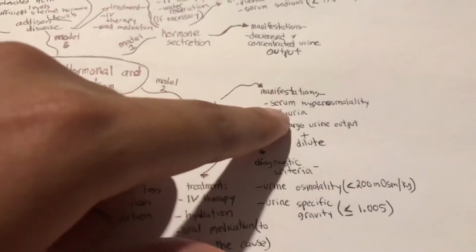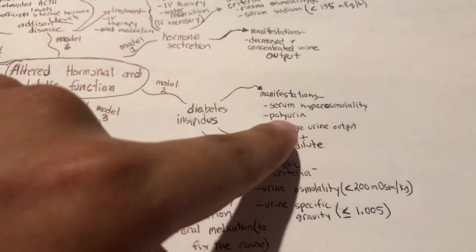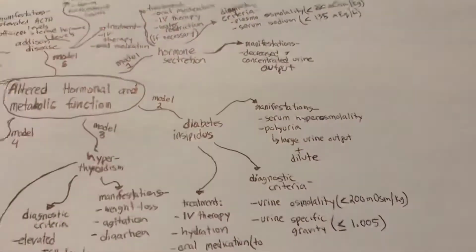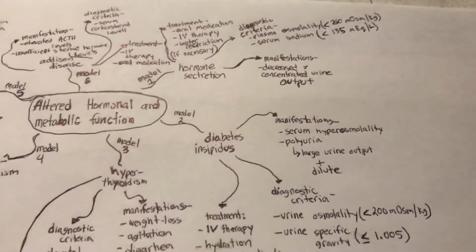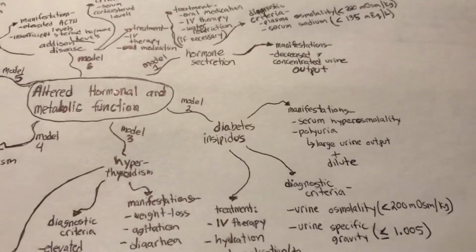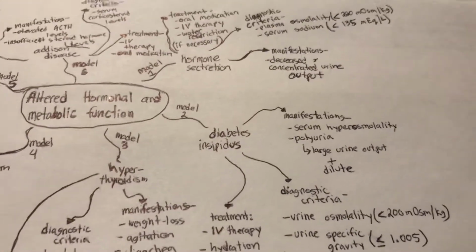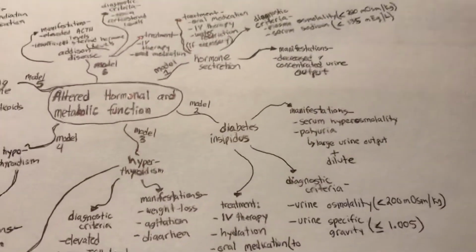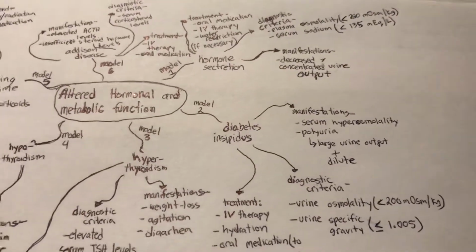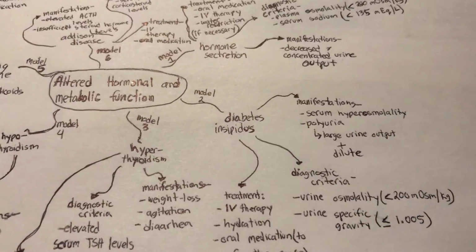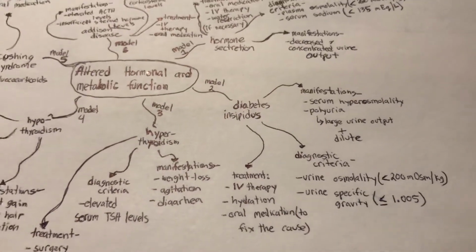And for here, I wrote that the manifestations include serum, which is your blood work they take, the serum hyperosmolality, and polyuria, which is large urine output that is also dilute. It's 2 clinical manifestations for diabetes insipidus.